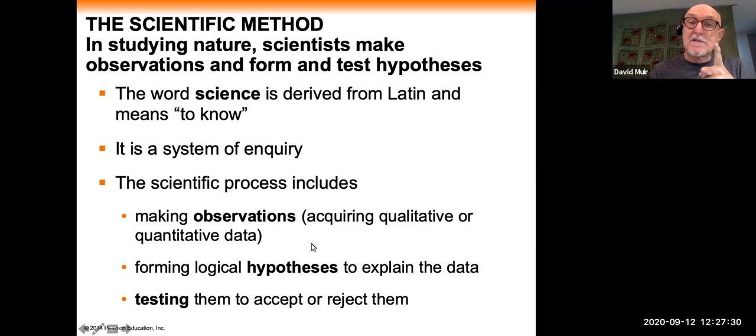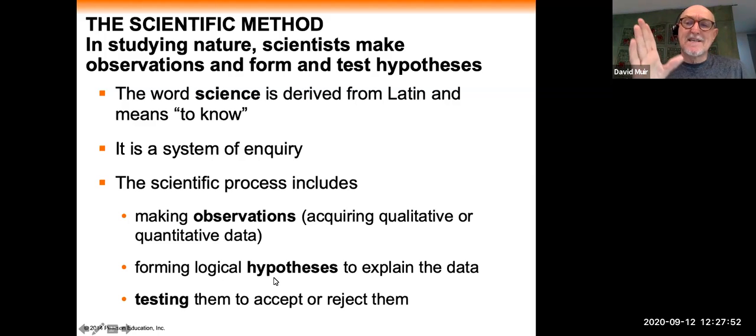But then somebody started to acquire data as a result of their observations and began to ask questions which could explain what they saw in the data. To do so, a scientist will form a hypothesis.